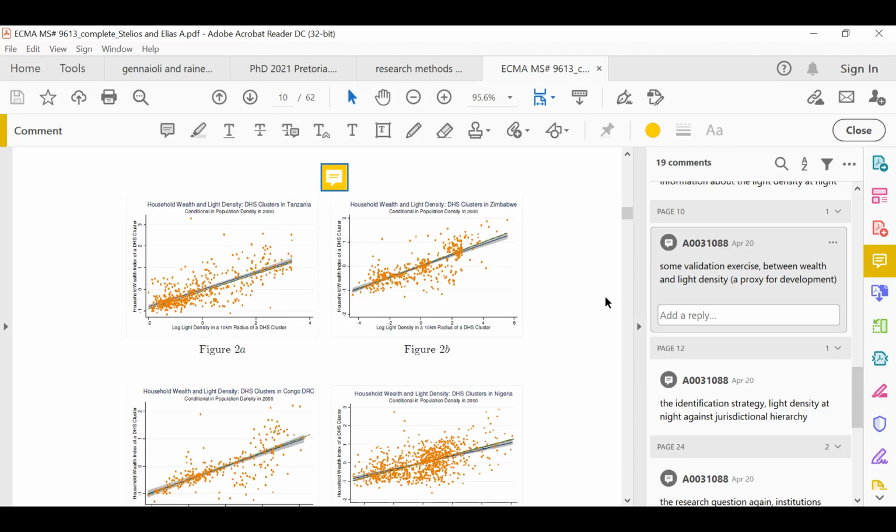Otherwise, a referee would say, well, why are you using light density instead of GDP? What's the advantage of, or what's the point? Are they correlated in any way? Okay, so they're essentially proving the point that using light density is perhaps even better, because I also recall, I know because I have a paper on that, that even within countries, particular presidents from particular ethnicities will benefit their own homelands with provision of public goods.